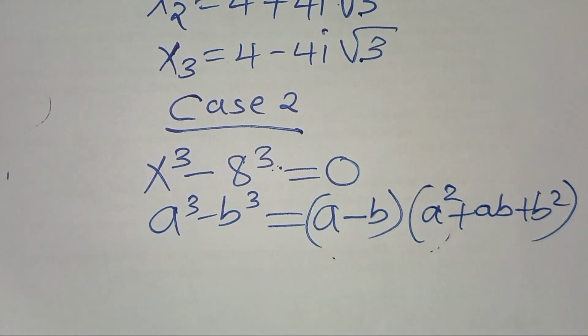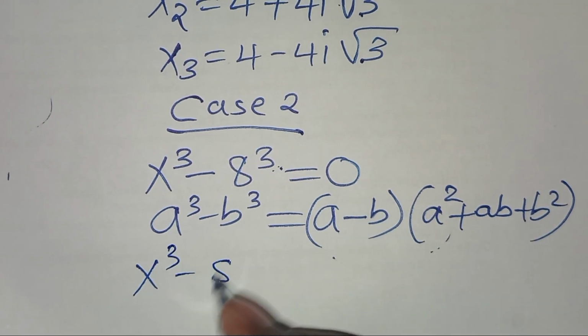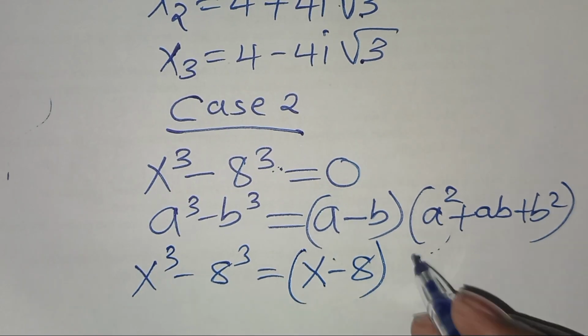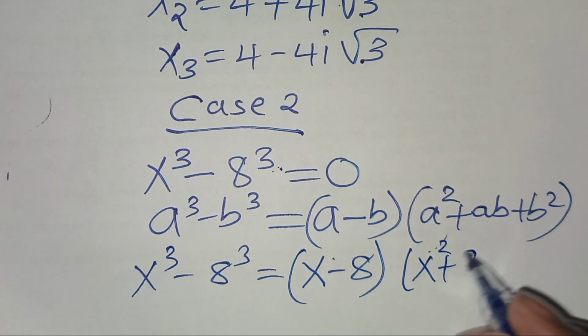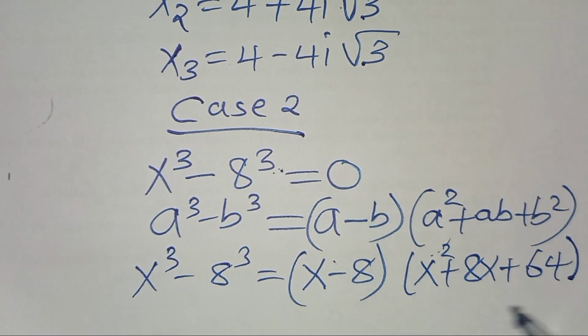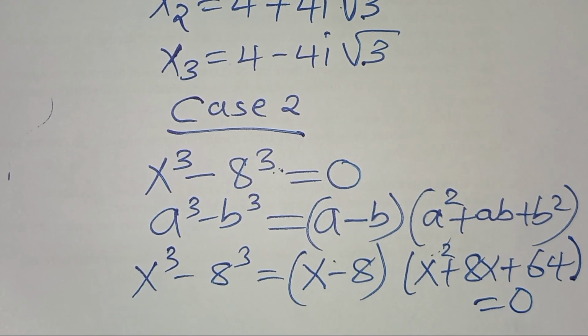Applying this identity, x to the power 3 subtract 8 to the power 3 can be expressed as x minus 8, x squared plus 8x plus 8 squared, which is actually equal to 64. This is equal to 0.